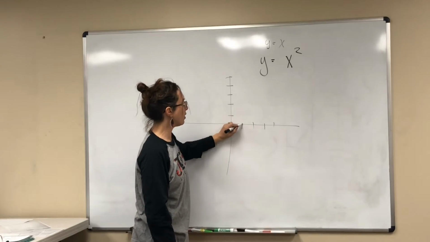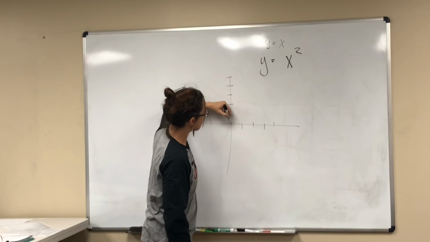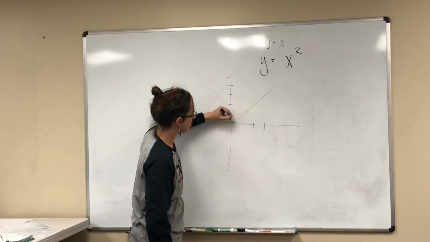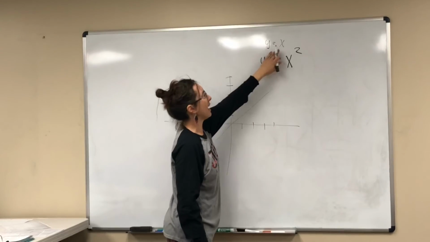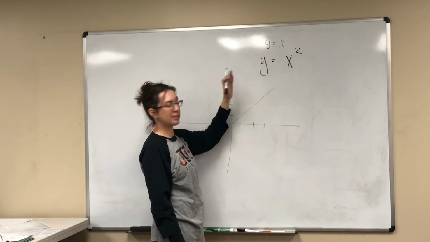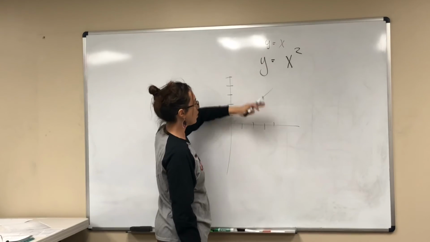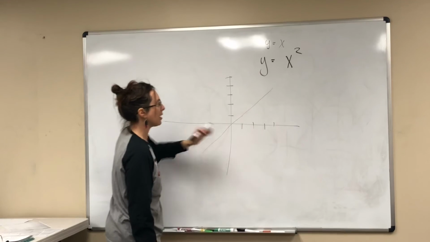Every time we move across 1, we're going to go up 1, right? So we end up with a line that has a 45-degree angle, right? And then we learned that as the coefficient gets bigger, our line gets steeper, correct? As the coefficient gets smaller, our line gets shallower. When our coefficient goes negative, then we start getting a negative slope, okay, right? So that's what we were looking at with our line.